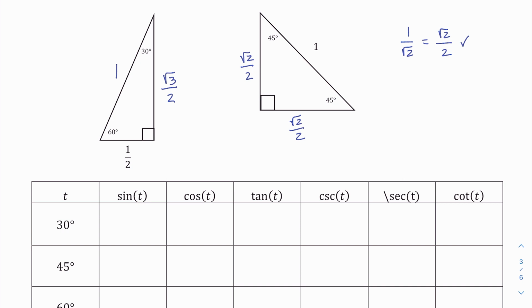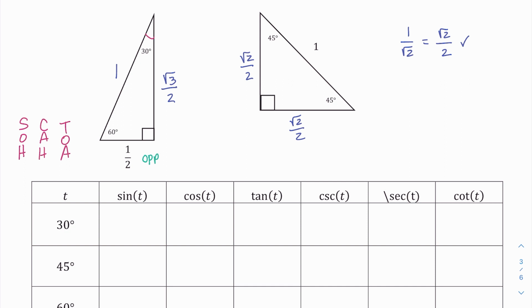Now again, I want to write somewhere to remember SOH CAH TOA, and I don't want to forget it. Okay, so let's start with my 30 degrees here. If I'm at 30 degrees, then I would call my 1/2 the opposite side. Again, think about where you're standing.